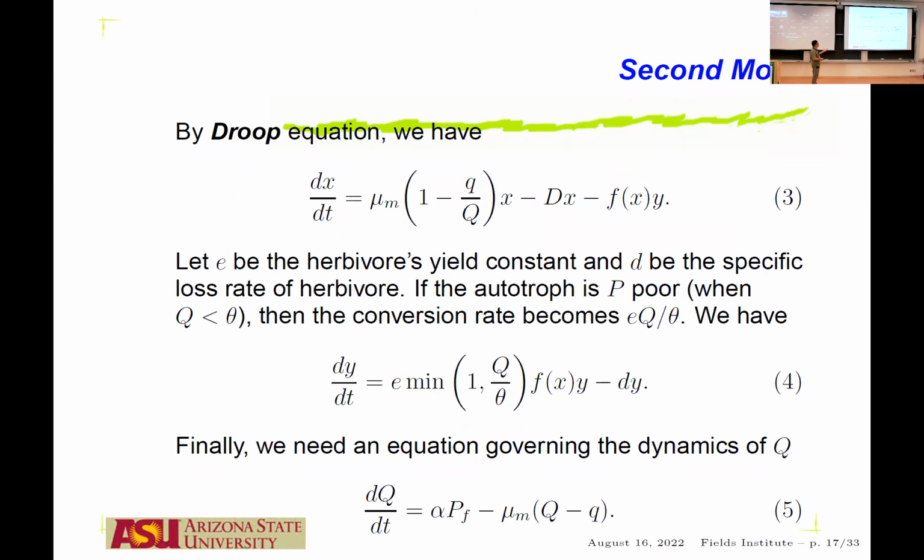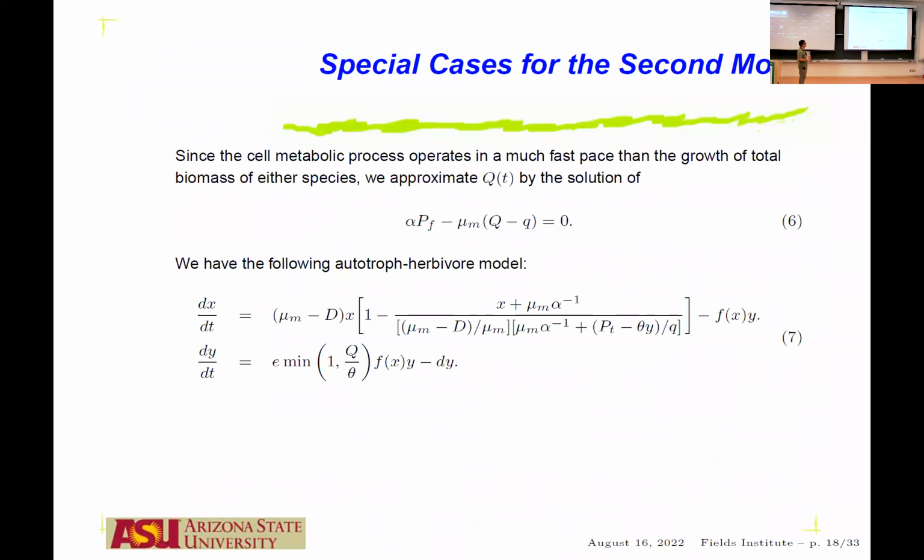I'm going to go faster because all these are very easy to follow, and it's in my paper published in 2004 in MBE, and also in a chapter of a book published 6 years ago, if I have time to talk about that. You can derive this easily with minimum mathematical preparation, and then you arrive at this one. Alpha is how fast the nutrient is taken up, and it is very fast.